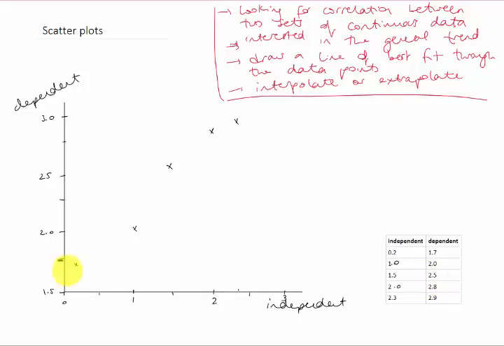And now I'm not going to join up every single point, I'm going to draw a line of best fit. In this case these look about like a straight line, so I'm going to draw a straight line through them as best I can, and I'm trying to get half the points below the line and half the points above the line.